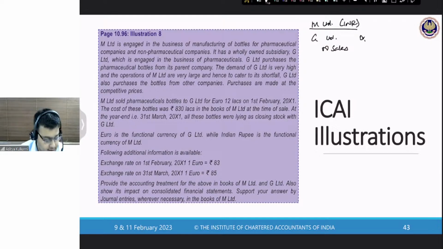Revenue recognized, 12 lakhs into 83. 12 into 83. Correct? Bolo. 996. Okay, so this is the rupee value of sales which I have recorded.